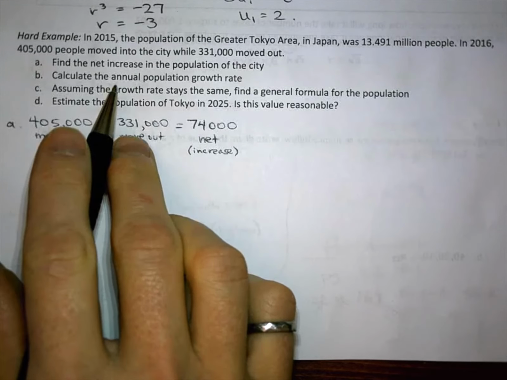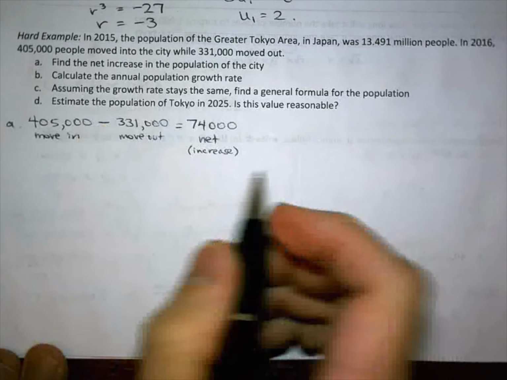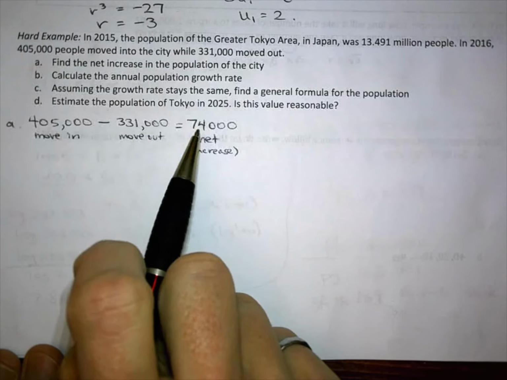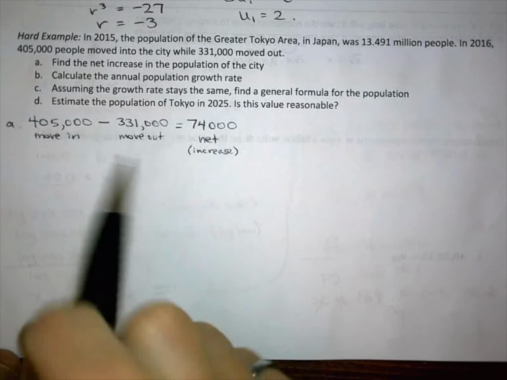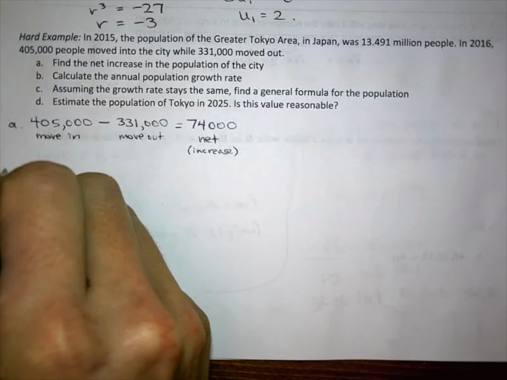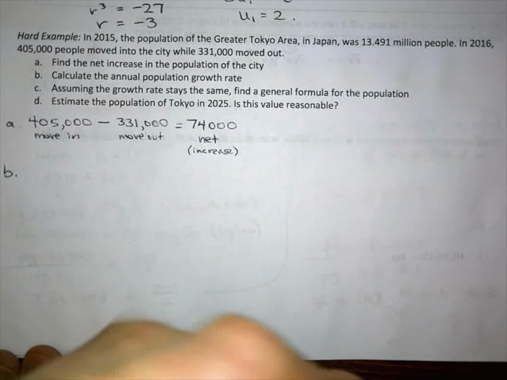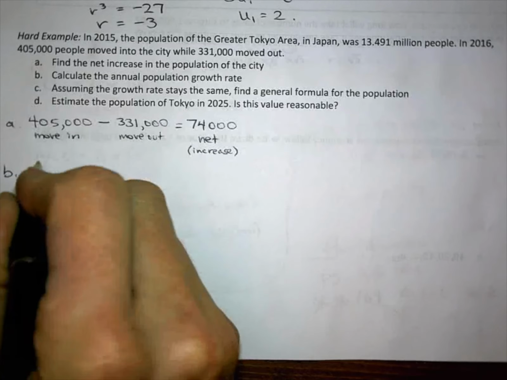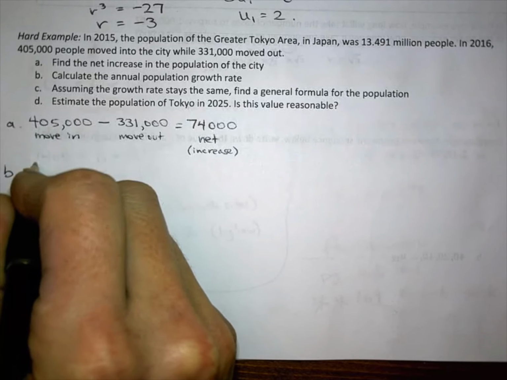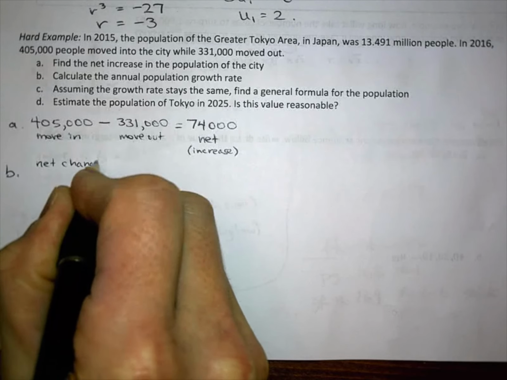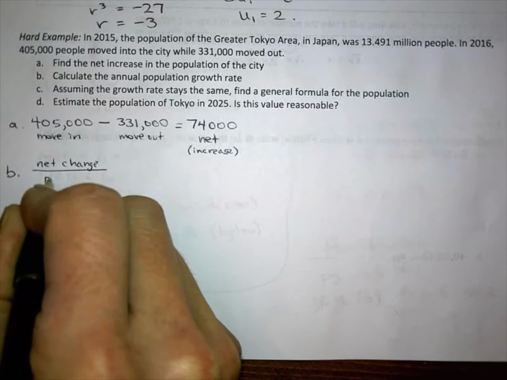Okay, calculate the annual population growth rate. Well, we can assume here that every year 74,000 new people come into the city, the net increase. So if I want to express that as a percentage of population growth, I'm going to take the net change over the population.